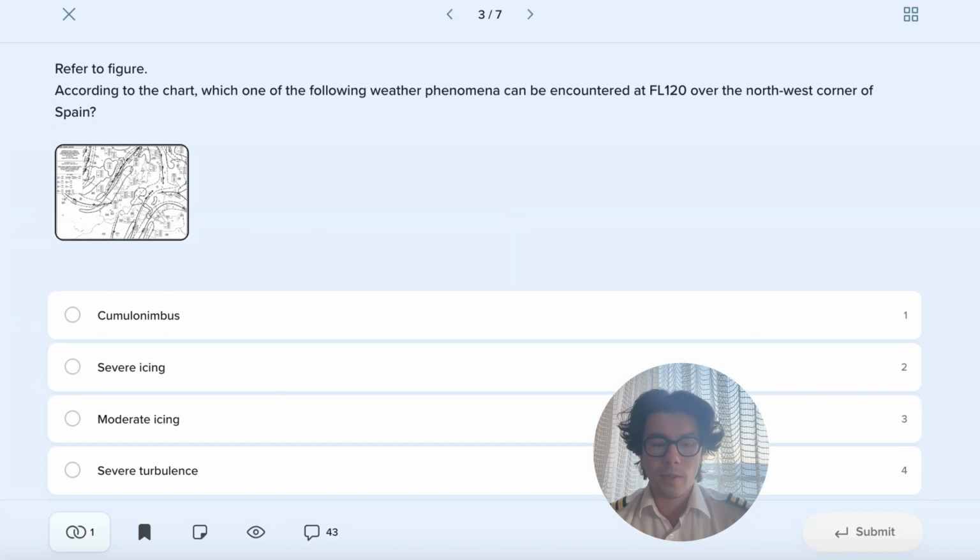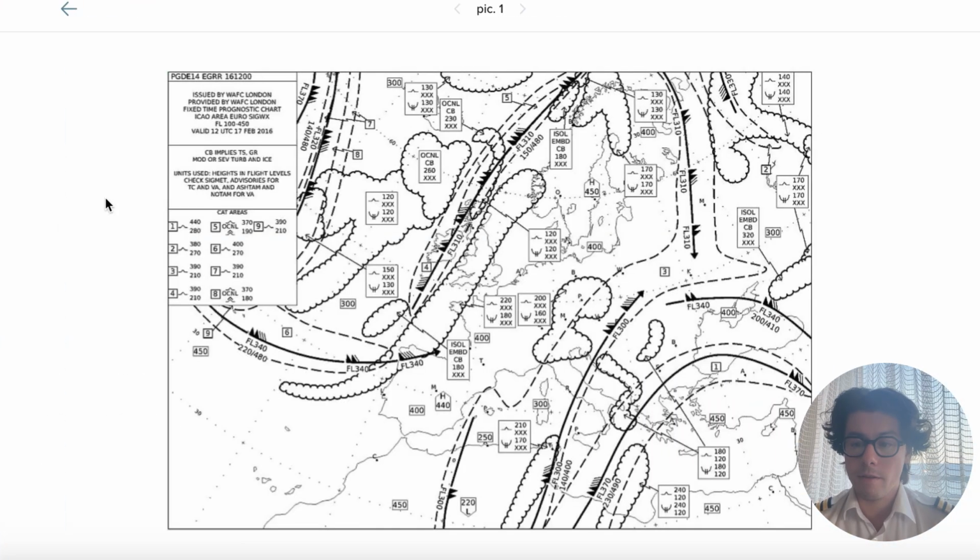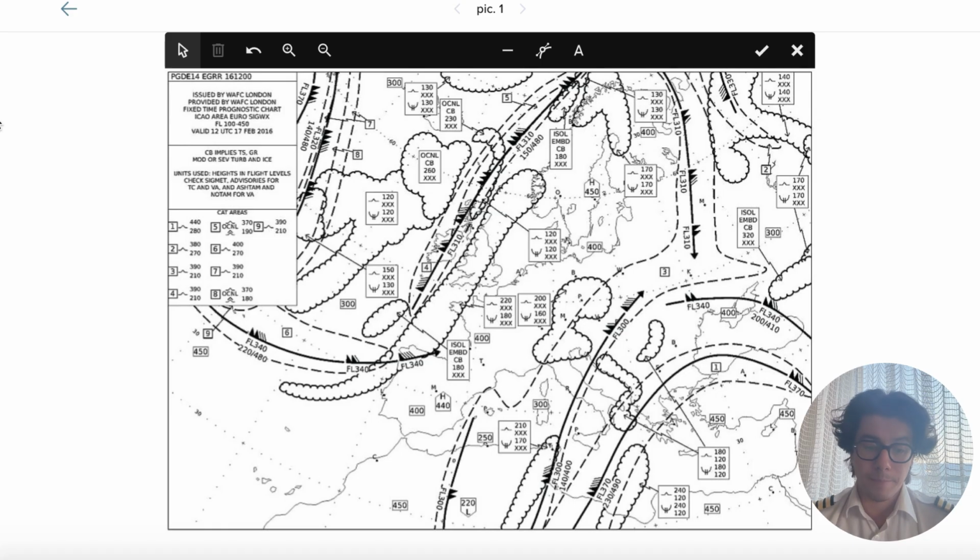Question number 3. According to the chart, which of the following weather phenomena can be encountered at flight level 120 over the northwest corner of Spain? So let's take a look at this annex, and I'll just tell you as a bonus, if you go to the London WAFC, you can see that these significant weather charts have actually changed.